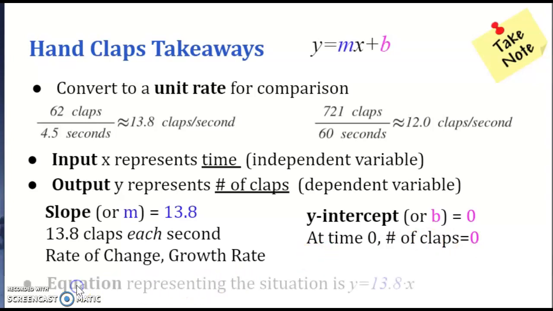So that means the equation for representing the situation is Y is equal to 13.8 X. The slope is the number that is being multiplied to X, and then plus the Y-intercept, plus 0 should be here. But anything plus 0 is just that anything, so we're not even going to bother writing that. If you do not see a number being added, you can always say it's plus 0 and the Y-intercept is 0.